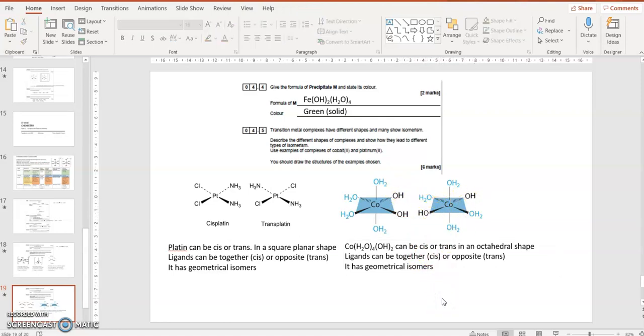Either way, it doesn't matter whether you use cis and trans or Z and E. Geometrical isomers again with the same structural formula but different positions of atoms in space.